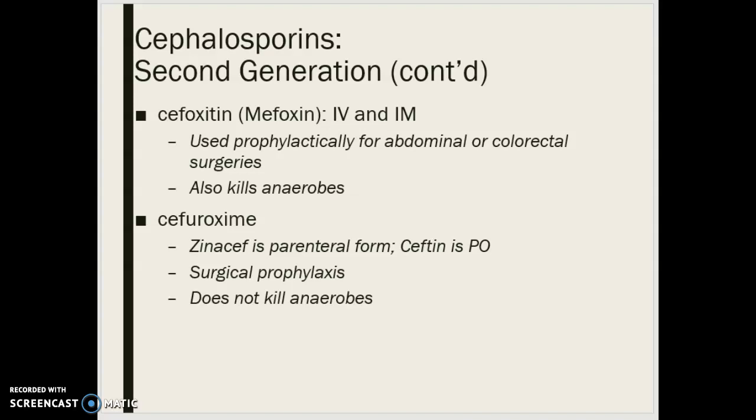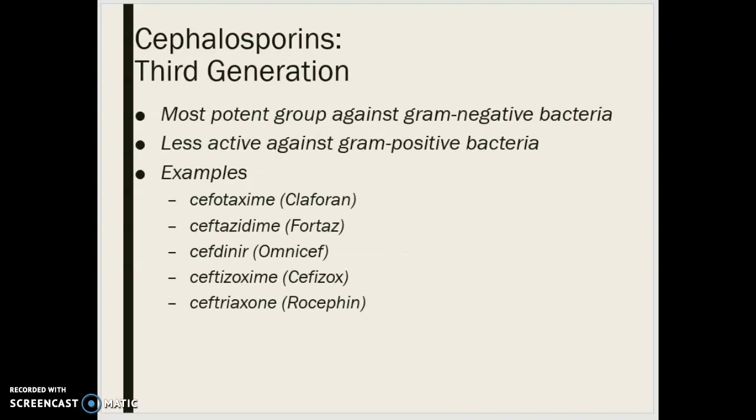It's really good with our Neisseria, though, and our Enterobacter. Our third generation of cephalosporins is the most potent group against the gram-negative, with less activity against the gram-positive. Examples of this are Claforan, Fortaz is probably the one you'll see most, maybe the Rocephin.